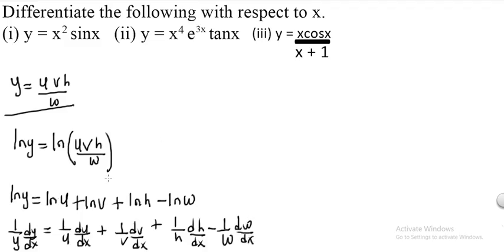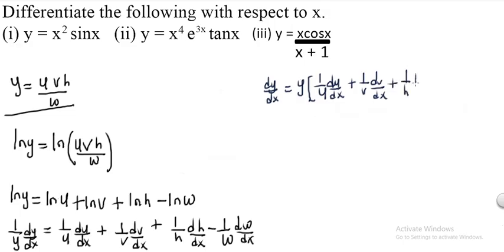Now at this point, if you notice, we can cross multiply y from here so that we have just dy over dx is equal to y, open brackets, 1 over u du/dx plus 1 over v dv/dx plus 1 over h dh/dx minus 1 over w dw/dx.